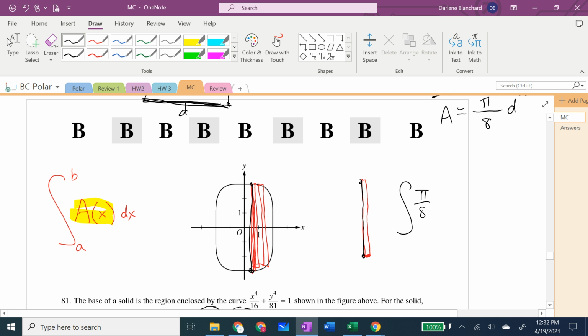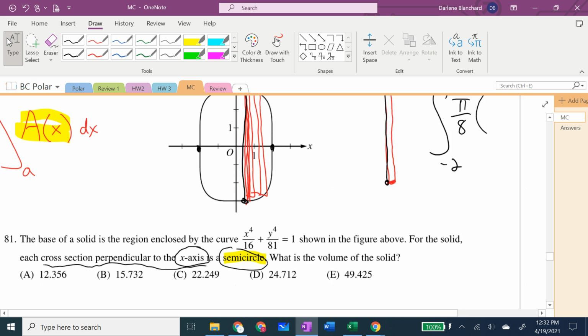So pi over 8, length of diameter squared, it's a dx. And actually, as I look at it, can I see the endpoints of my x? Does it look like it's negative 2 to 2? You can be certain if you take a good look at this.